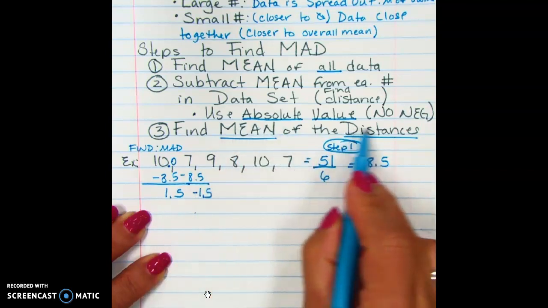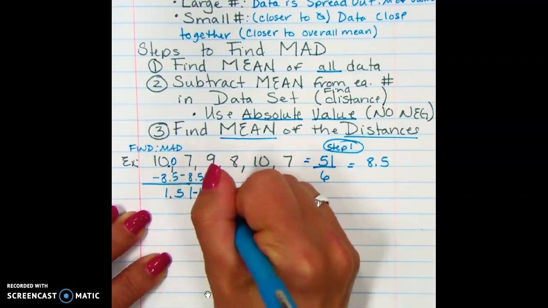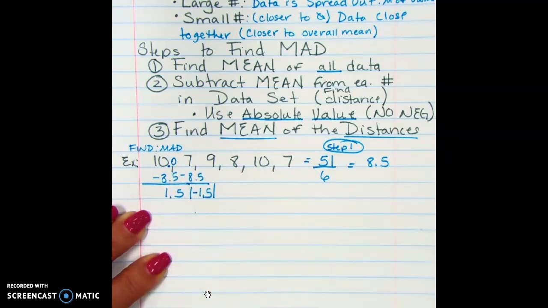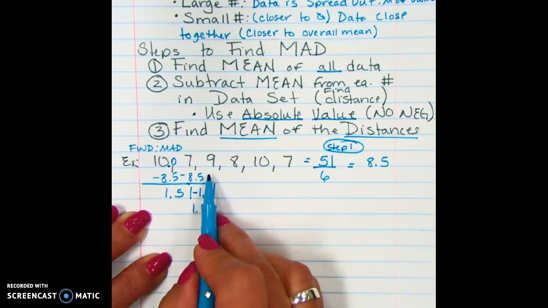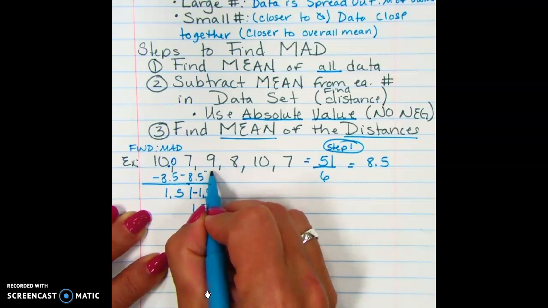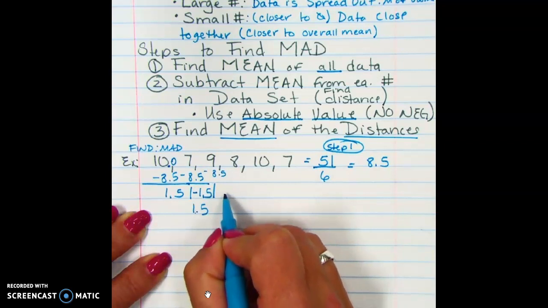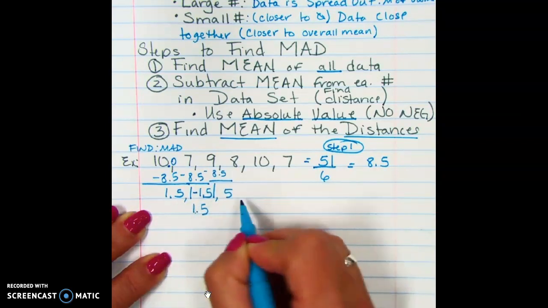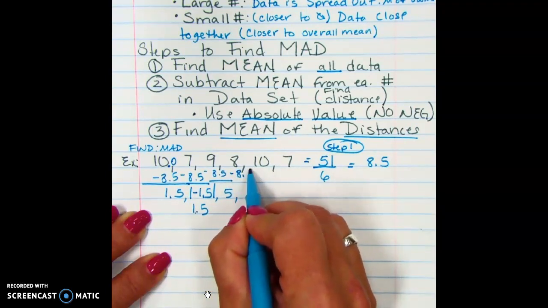Now I said I need to use the absolute value because I cannot have a negative number. What is the absolute value of a negative 1.5? It's 1.5. And I'm going to continue subtracting. So I would take minus 8. And look, I end up with 5. I'm going to put commas between these so that they don't get confused. I have to subtract again.